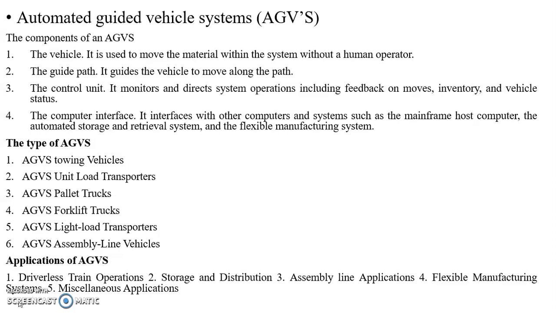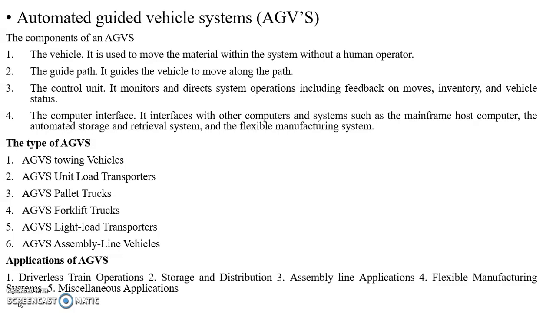At the completion of processing, the vehicle returns with the work part to the next assigned workstation. This AGV provides the versatile material handling system to complete the flexibility of the flexible manufacturing system.